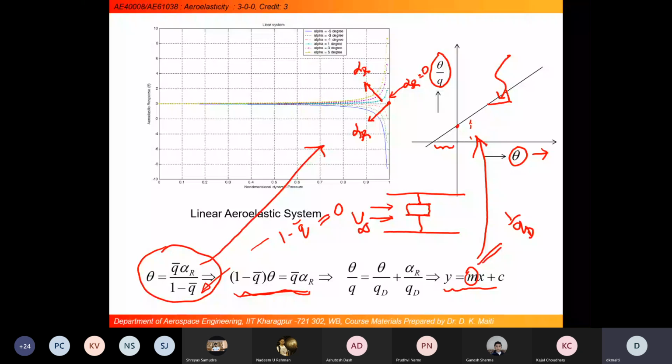The qd will be 1 by the slope of this curve.